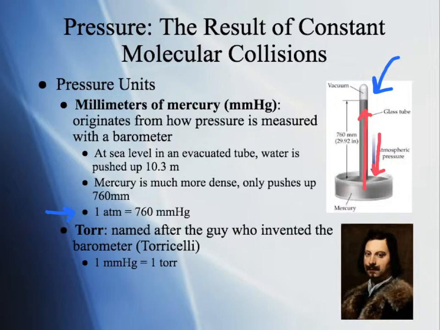It'll say 1 atmosphere is equal to 760 mmHg, which is equal to 760 torr, because mmHg and torr are the same type of units and numbers. Oh yes, and I did forget to mention that Torricelli is this fine-looking fellow right here.